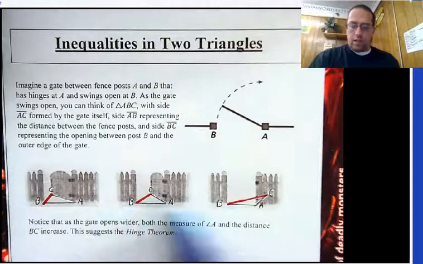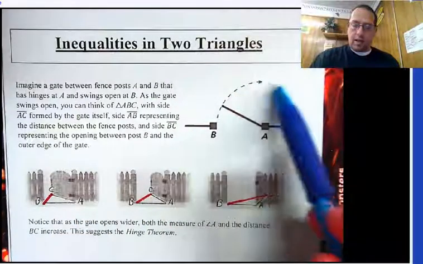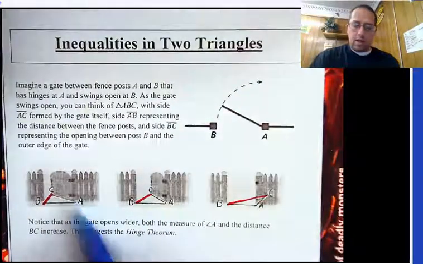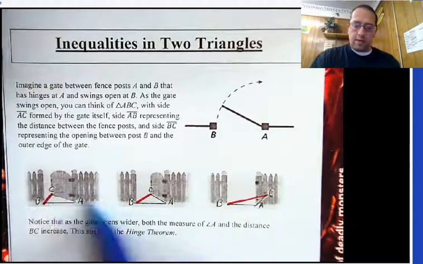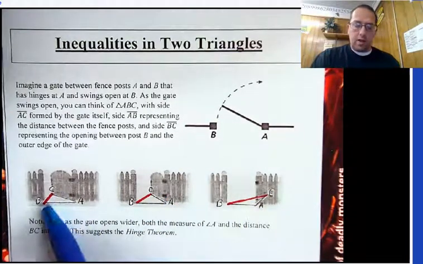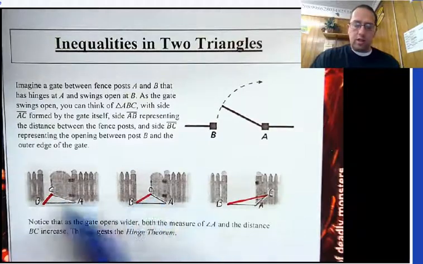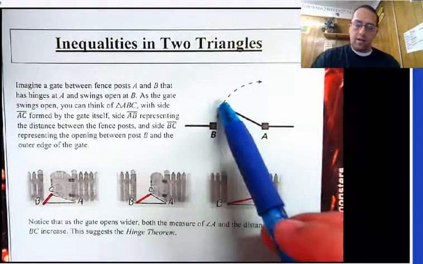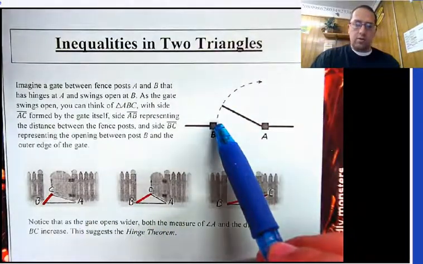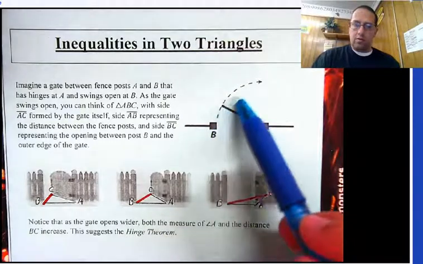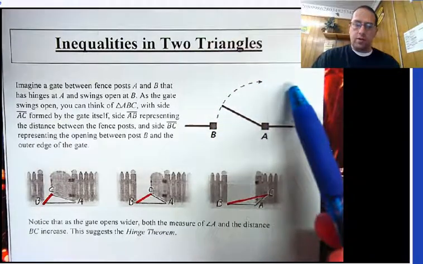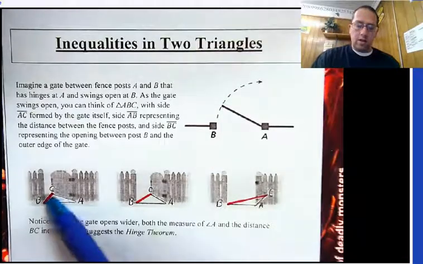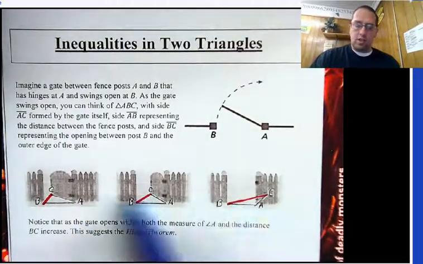However, if you see here, the farther we open that gate, AB is the same. AC is the same. However, BC changes because the end of that gate to where it closes gets farther and farther away, right? The wider that gate is, the longer this distance.